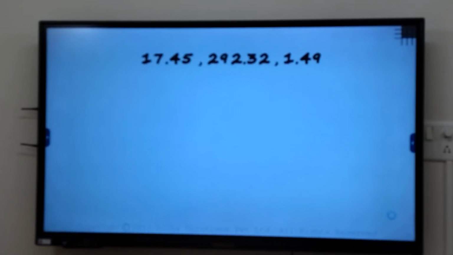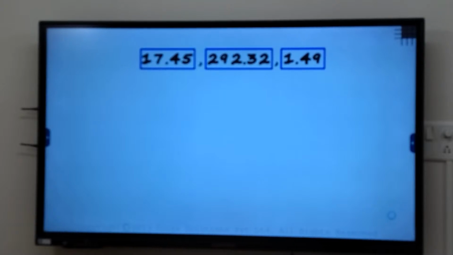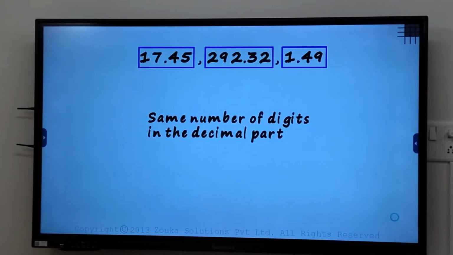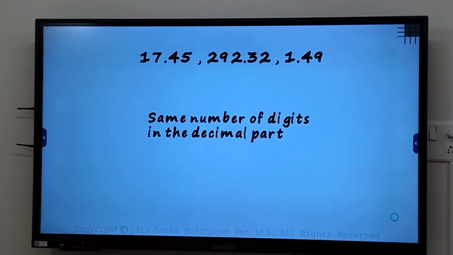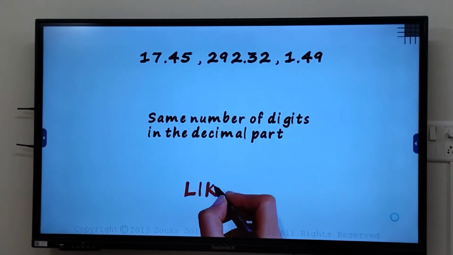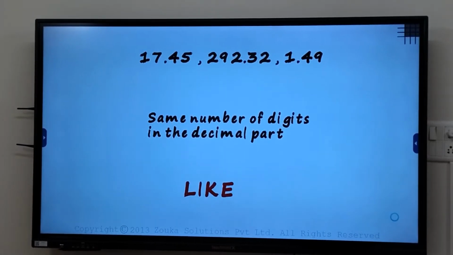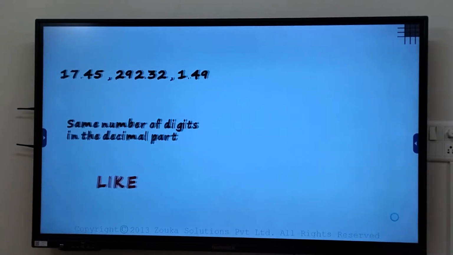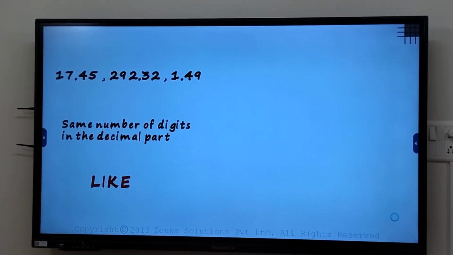What do you think is common amongst all three? All three of them have the same number of digits in the decimal part: 2, 2 and 2. Such decimal fractions are called like decimal fractions. Remember, same number of digits after the decimal point.